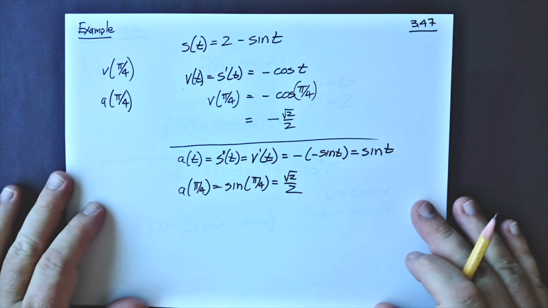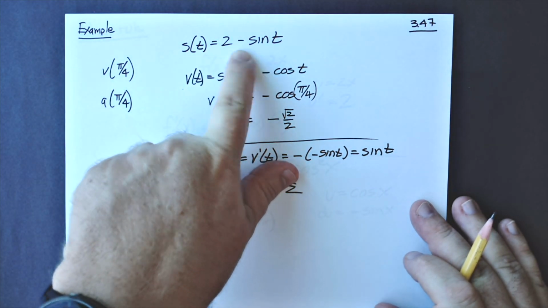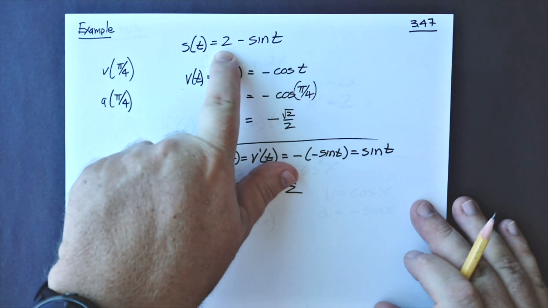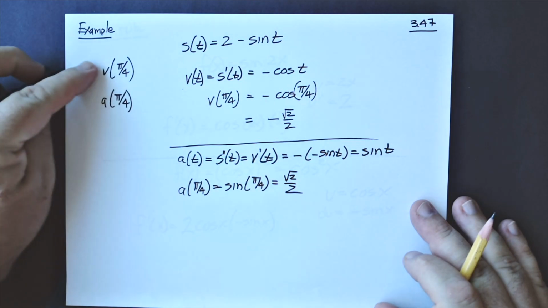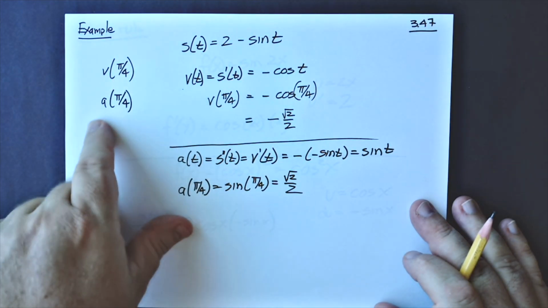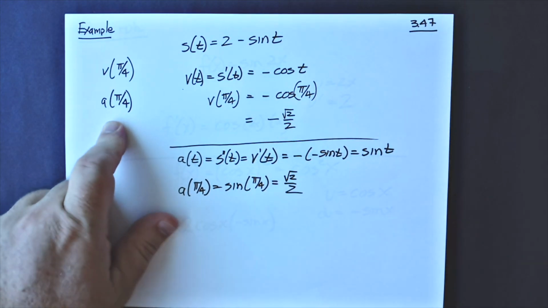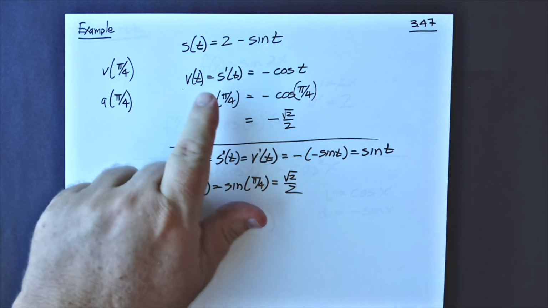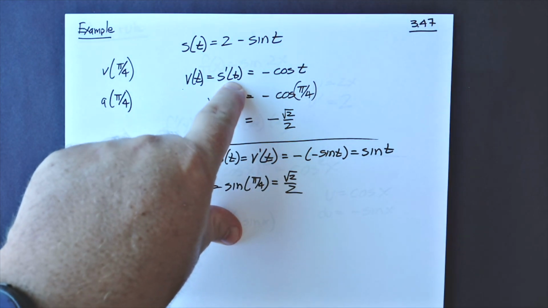And we have a physics example here. So we have a particle that's moving with this position function, 2 minus sine t. And the problem asks us to find the velocity at pi over 4 and the acceleration at pi over 4. And so then we say, okay, well, the velocity function is the first derivative of the position function.